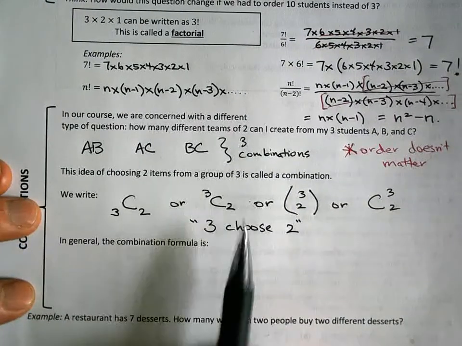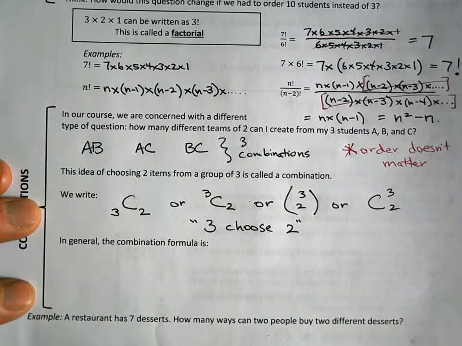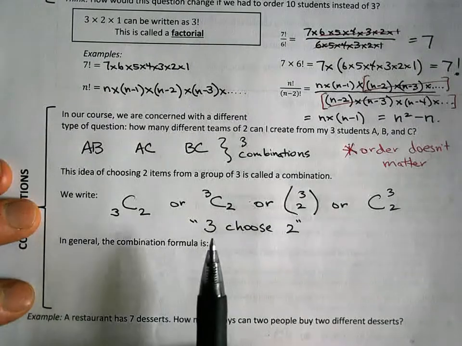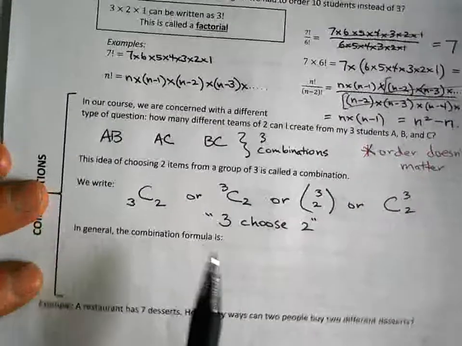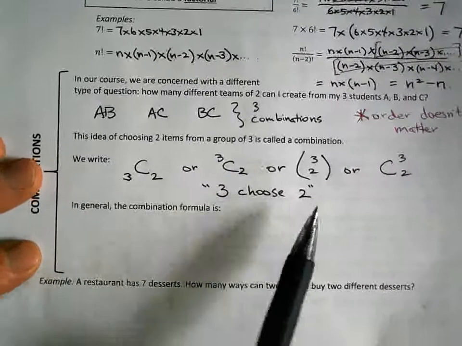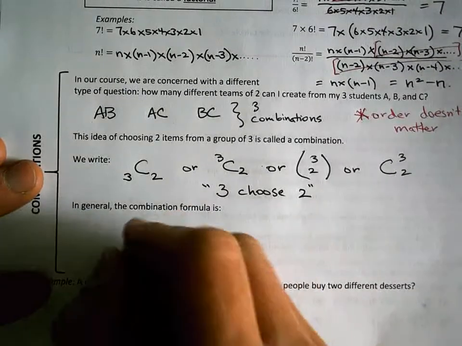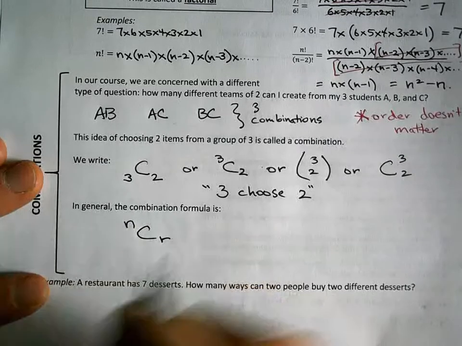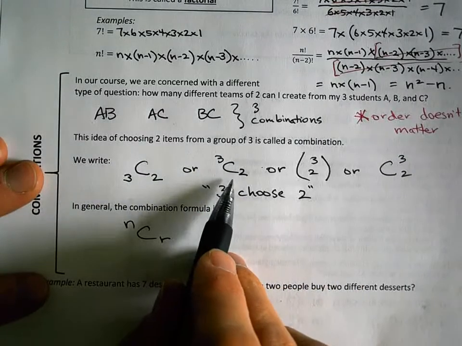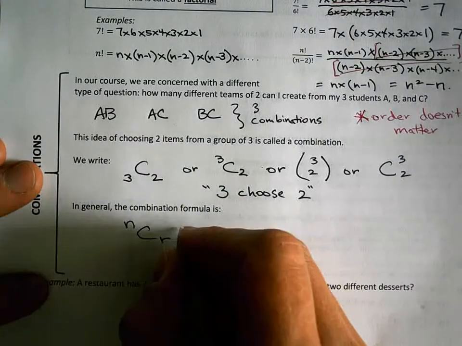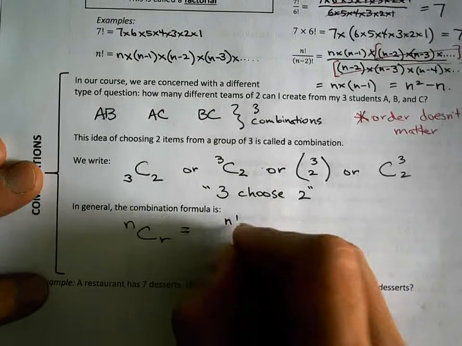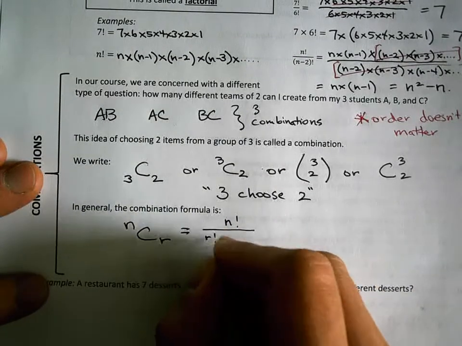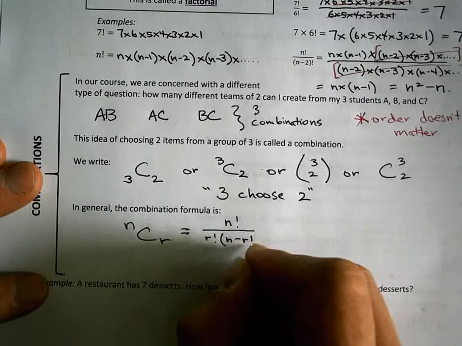You have 3 items and you want to put them in groups of 2. Whereas before we learned a shortcut, the shortcut here for any combination looks like this. N choose r, so we're going to use that form just because that's the one that's more and more current, is n factorial over r factorial times n minus r factorial.